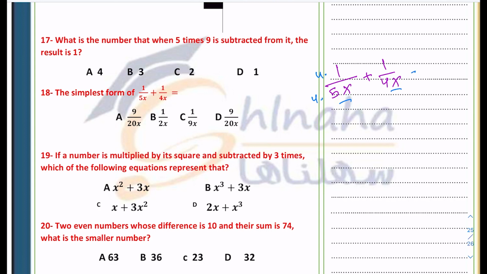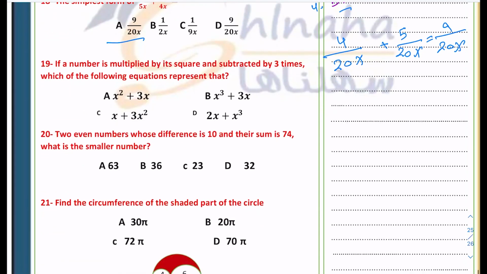If I have 4, I should multiply by 5, and here I should multiply by 5. So the denominator will be 20x, and the denominator will be 20x. 4 times 1 will be 4, 5 times 1 will be 5. Now we have the same denominator. 4 plus 5 will be 9, which is A. Next question.